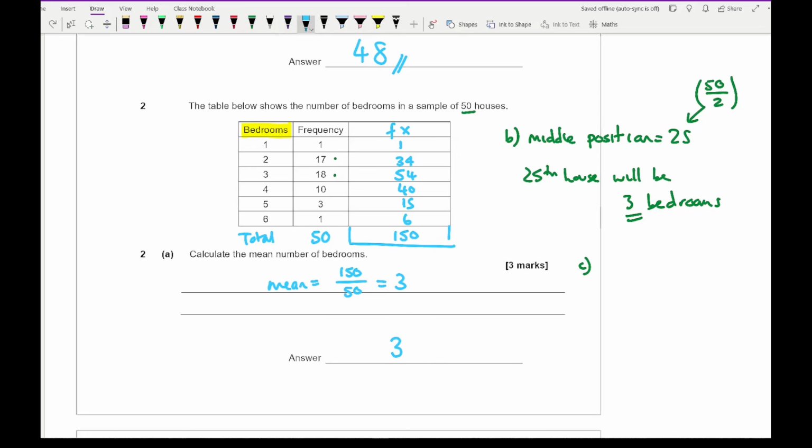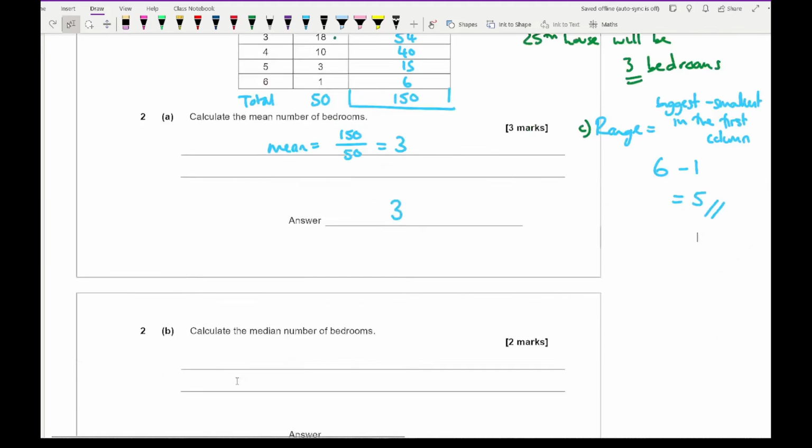So here the range is going to be the biggest minus the smallest in the first column, which is 6 take away 1, which gives you an answer of 5.